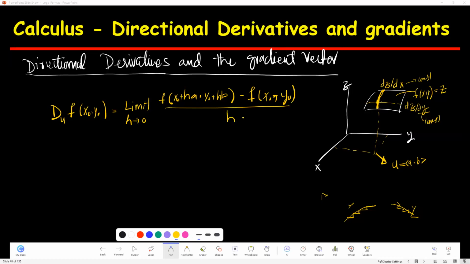This is how we used to write a derivative in a limit form, right? But I can also write this theorem in a different way, and that's what we're going to be using most of the time.